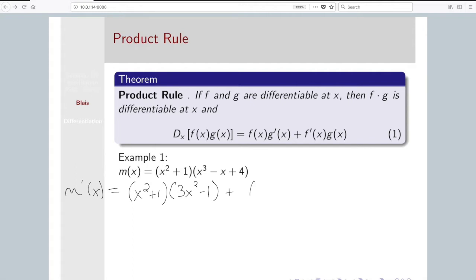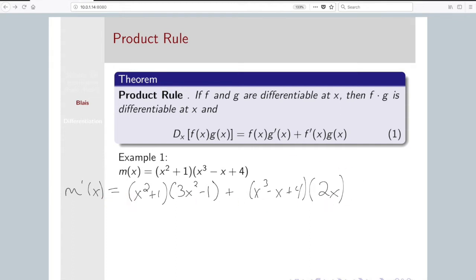So we have x cubed minus x plus 4, and the derivative of the first, 2x plus 0. You get the same answer if you FOILed this out and did the derivative using tools that we already knew before today. So this is the idea of product rule.